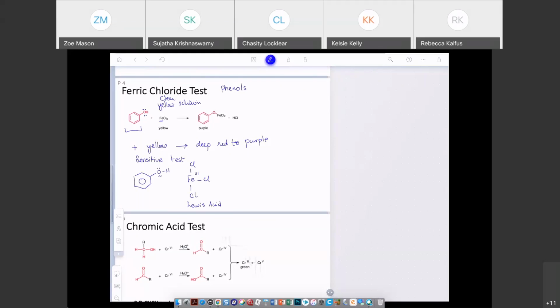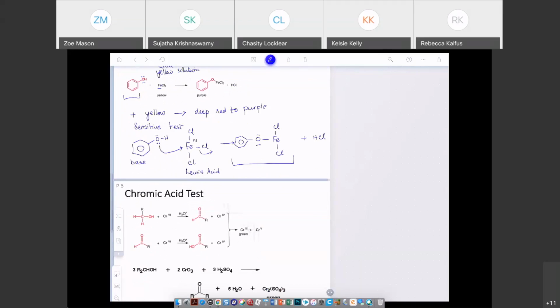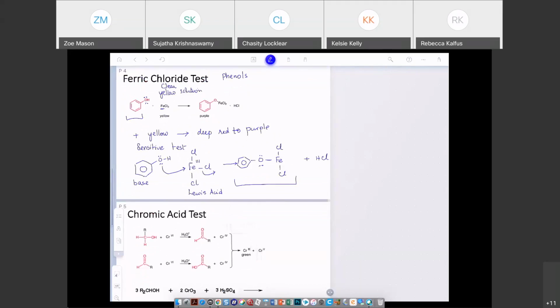It needs 8, so this is going to be a fast reaction. Chloride's going to leave, so you get FeCl, the hydroxyl group, the benzene ring. Then hydrogen and Cl combine to become HCl. So this is what imparts the color. This reaction is a very simple acid-base reaction, which occurs extremely fast to give you that color. It's a positive test for ferric chloride.